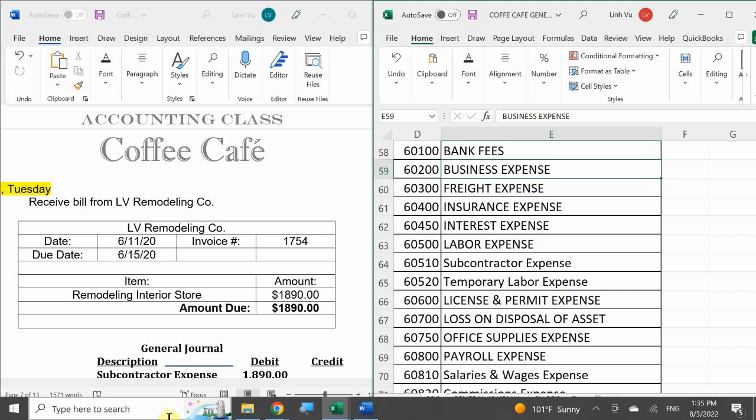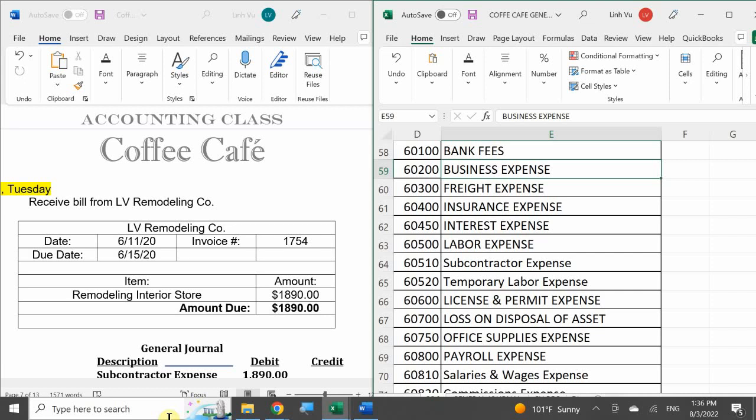But in this case, we've created a chart of accounts that is a little more descriptive. I have a subcontractor expense account, which is more in line with why we hired these people, because we hired them to complete a job for us. They did a subcontracting job, an interior design for us.